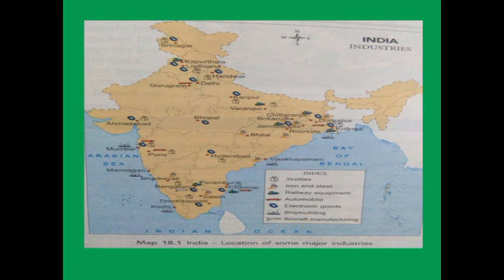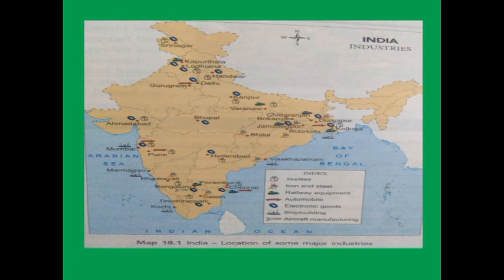That is Tiruchirappalli, then Bengaluru, Chennai, Hyderabad, Mumbai, Ahmedabad, Bhopal, Kanpur, Jamshedpur, Durgapur, Kolkata, here at this Gurugram also, Haridwar, Ludhiana, Kapurthala, Srinagar. So in all these places we get electronic goods.